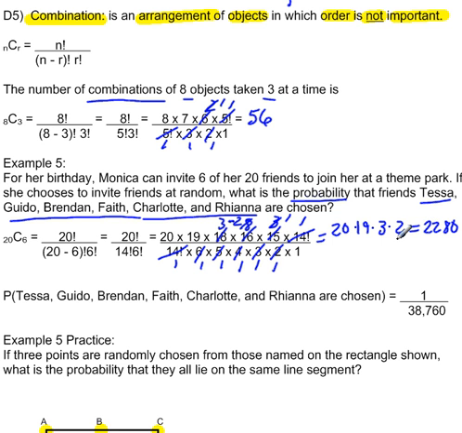So let me go back and pause and work that for you one more time. Okay, let's try that one more time.